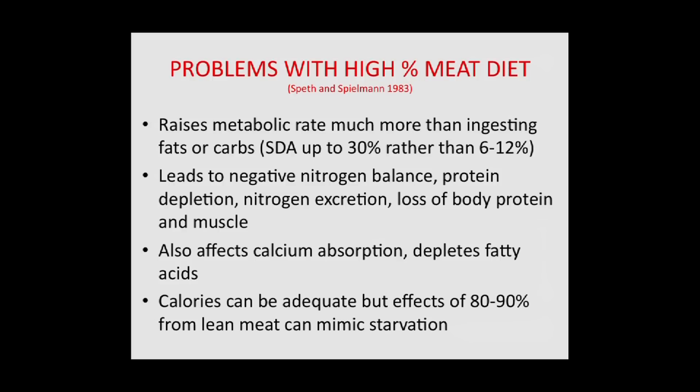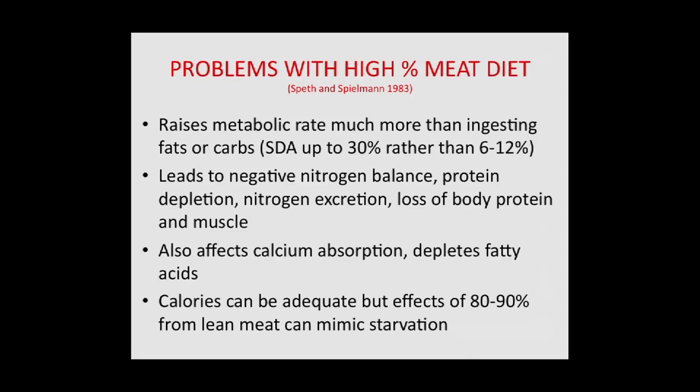You start excreting nitrogen, you deplete your protein reserves, you lose muscle. It also affects calcium absorption and depletes your fatty acids, which is not the direction you want to go in if you want to grow a big brain. So the calories can be adequate, but if you eat 80 to 90% of your calories from lean meat, and the meat would have been lean for a good third to half of the year, this can mimic starvation.